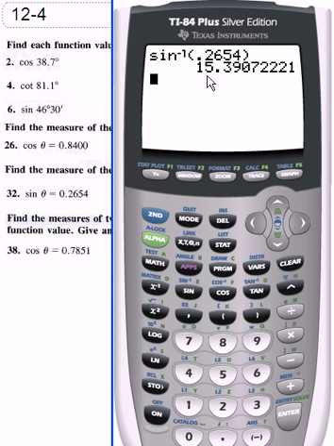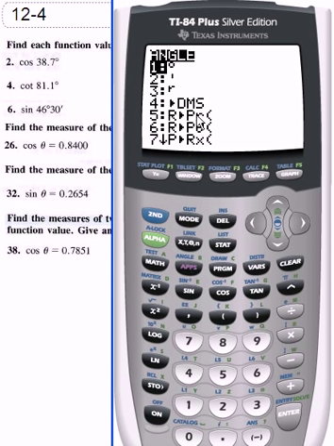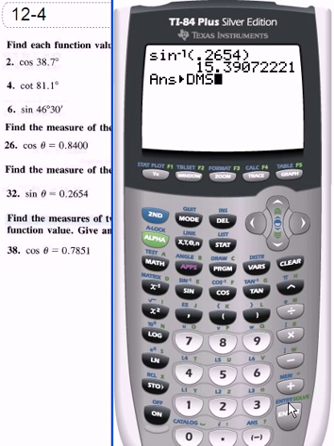The answer is now given in decimal degrees. What we can do is ask through second angle for it to be converted into degrees, minutes, and seconds. So now this is in degrees, minutes, and seconds: 15 degrees, 23 minutes, and 26.6 seconds.